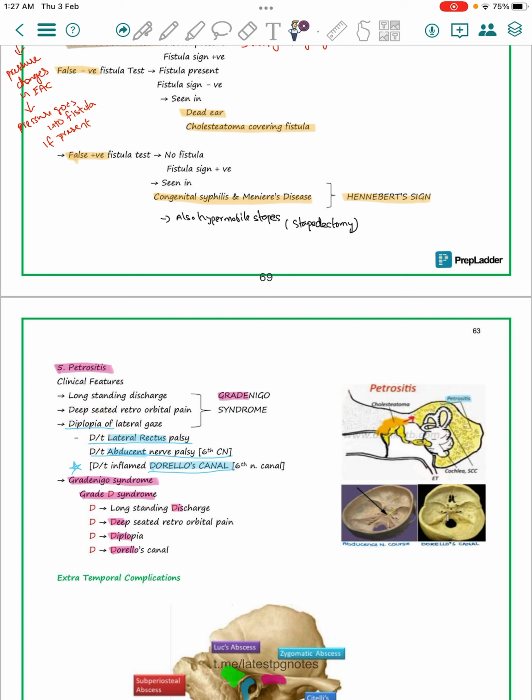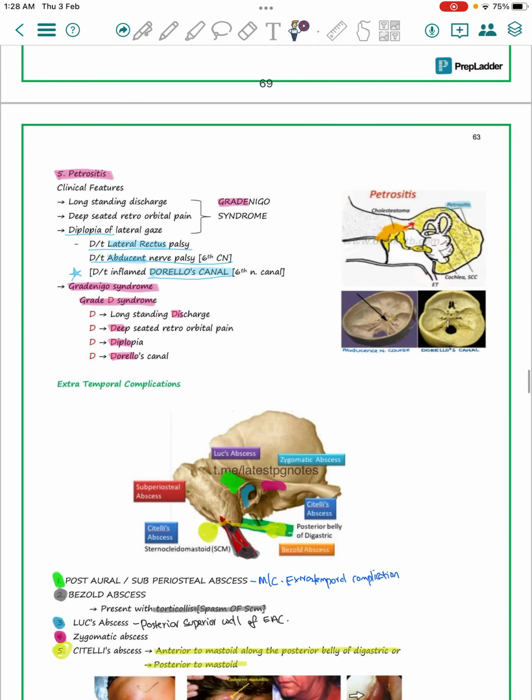So there is a triad known as Gradenigo syndrome, which consists of discharge, deep-seated retro-orbital pain, and diplopia. This occurs in the Dorello canal, which is the canal for the abducens nerve. This inflames the nerve to the eye, so retro-orbital pain and lateral rectus palsy will be there. It's a very important triad, Gradenigo syndrome.